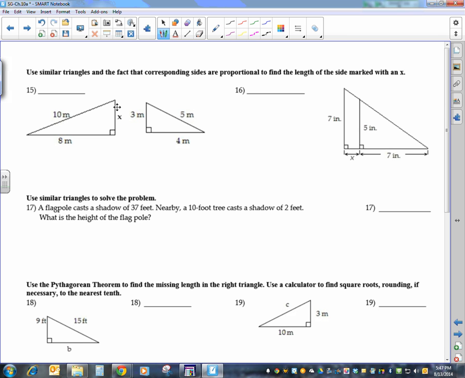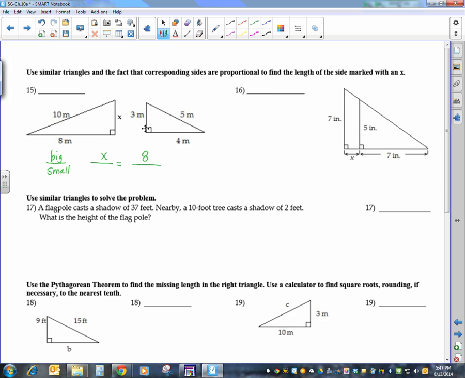So I have my two similar triangles. Remember we talked about this is our big to small, and we write that so that we keep the same thing on the top and the bottom. So in my big triangle, I have an X, and I have 8. It doesn't matter which one we use. We'll use X and 8. But the big triangle goes on top.